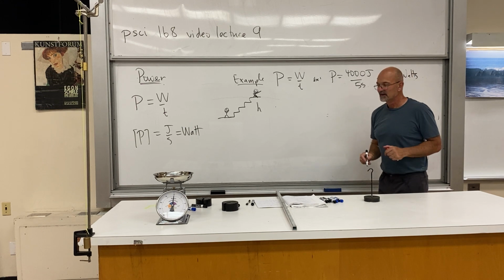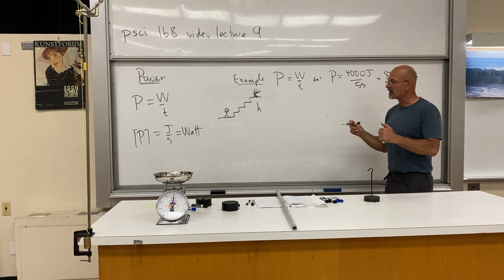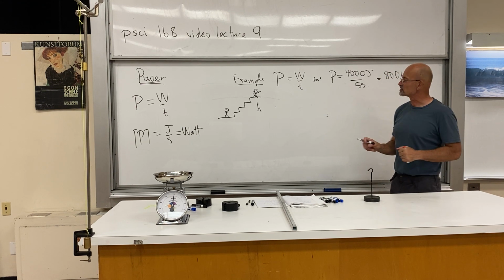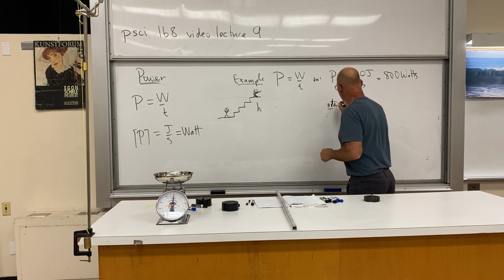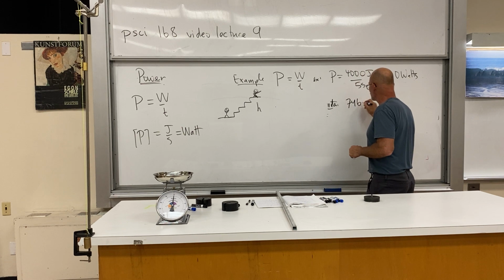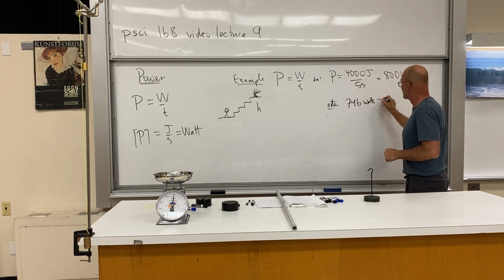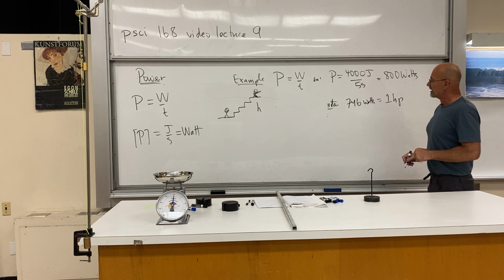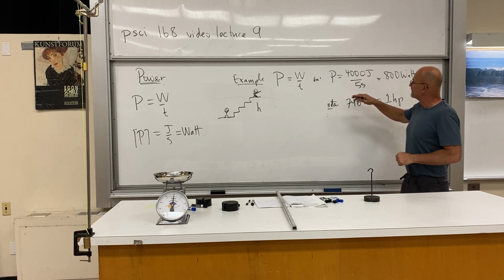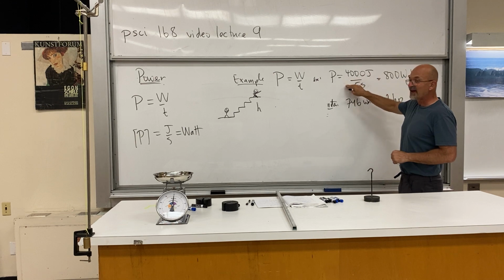Okay. So that's an example of an intense physical exertion, 800 watts. And just for a definition, 746 watts is a horsepower. So that's how it's done, joules per second.